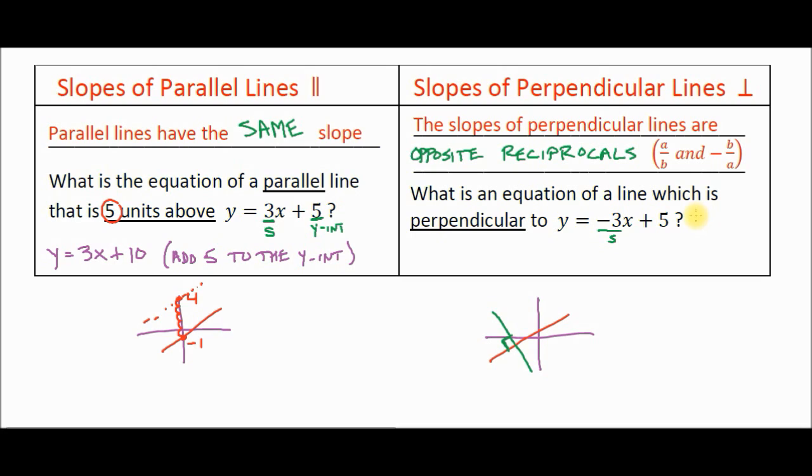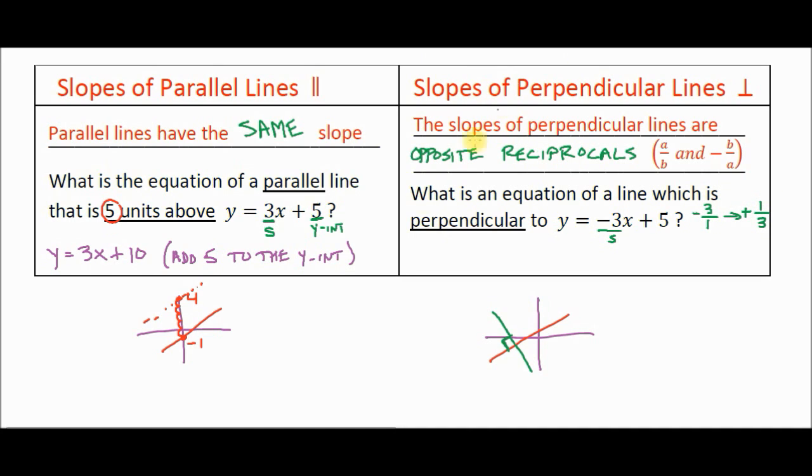So if our original slope is negative 3 over 1, then for our new slope for our perpendicular line, we're going to take the reciprocal, so it's going to become 1 over 3, and then we're going to flip the sign. It was negative before, it's positive now. So the sign changes. Flip the sign and flip the fraction.